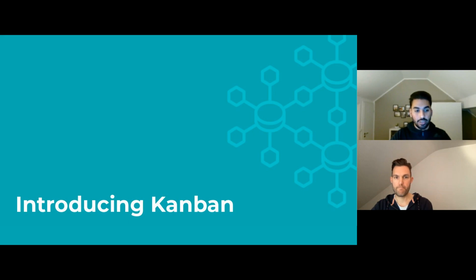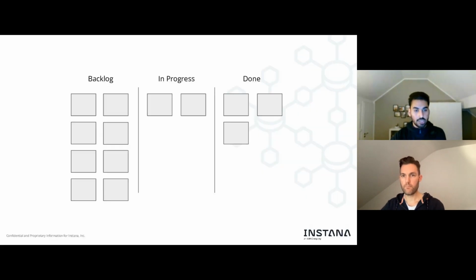Yes, thank you, Henning. All right, so introducing Kanban. Let me go to the next slide. This is basically the most basic Kanban board you can have. You have a set of cards in backlog, some in progress, and then you slide them over to done once they are shipped, or whatever your definition of done is.